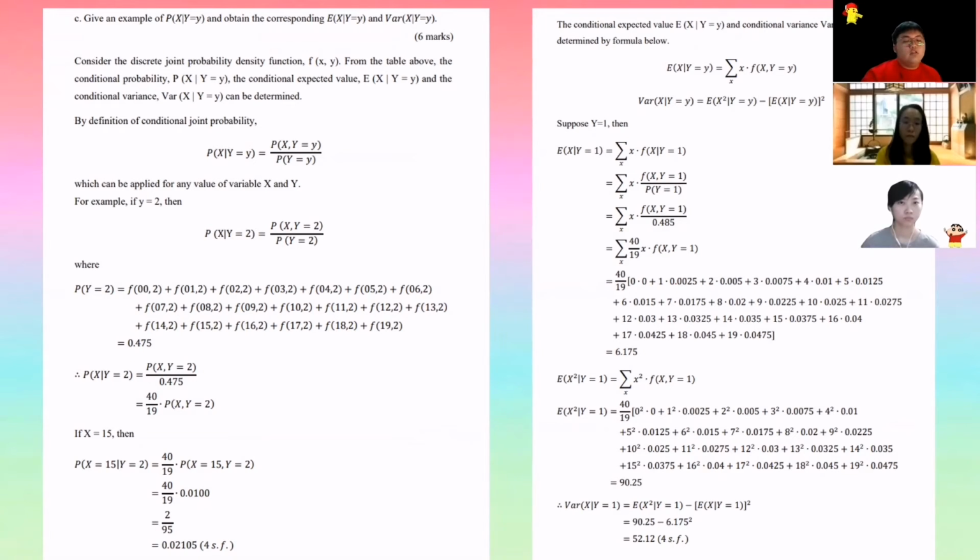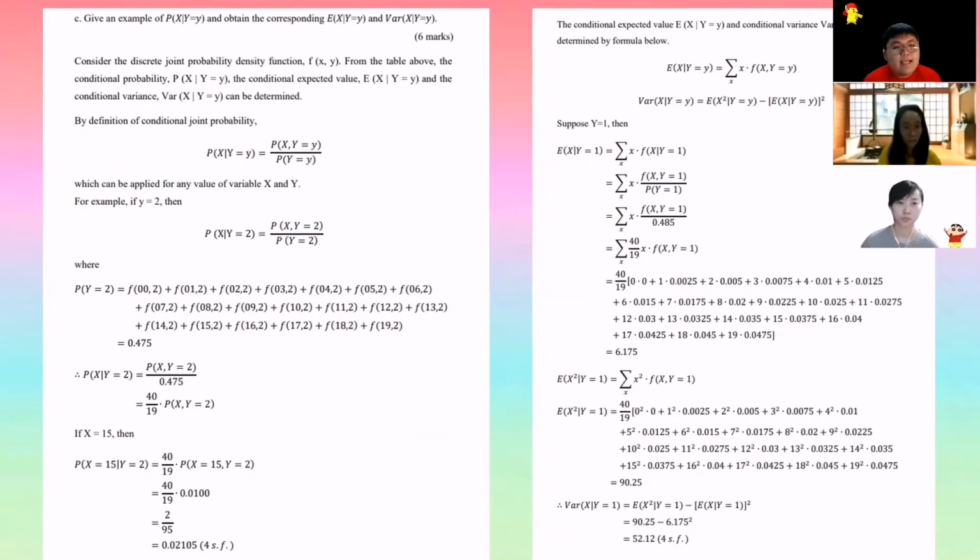Okay, so now the question requires us to give an example of the probability of x given that y equals any value y, and obtain the corresponding expected value of x given y, and also the variance of x given y. By the definition of conditional probability, the probability of x given y is the joint probability of x and y divided by the marginal probability of y.